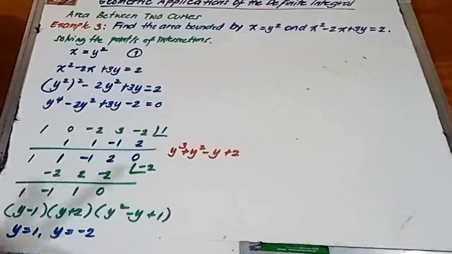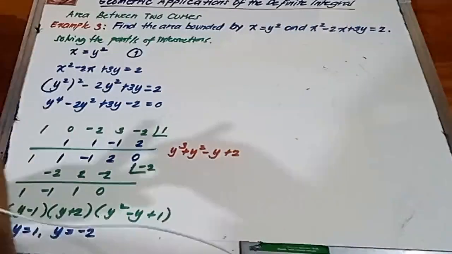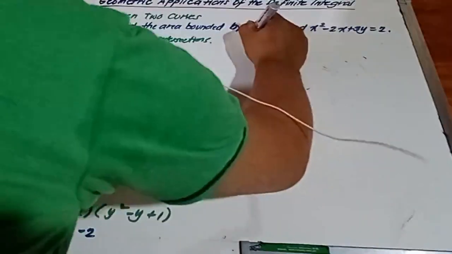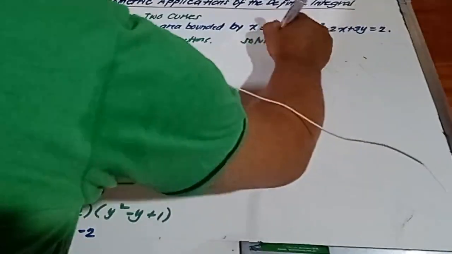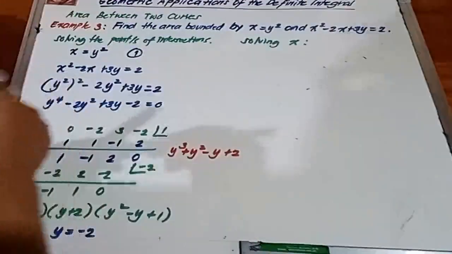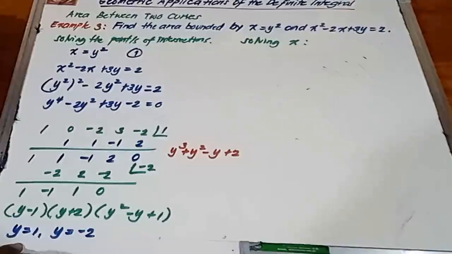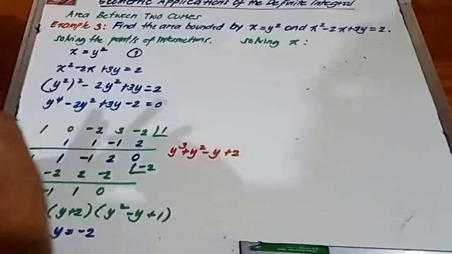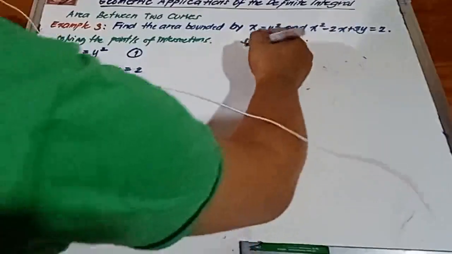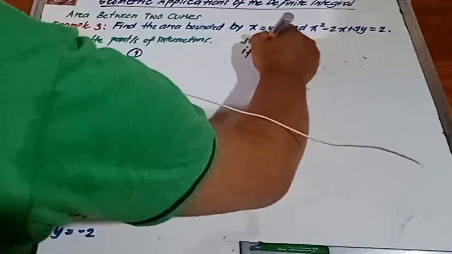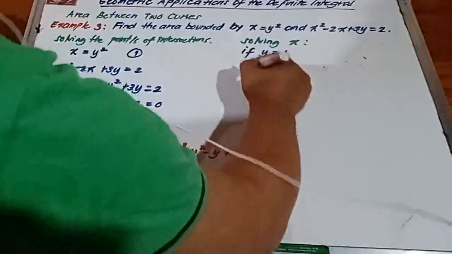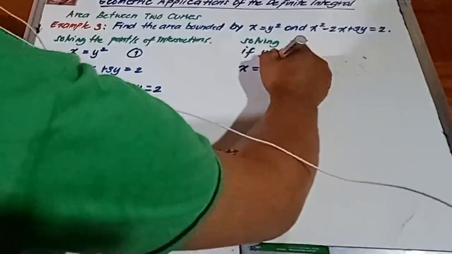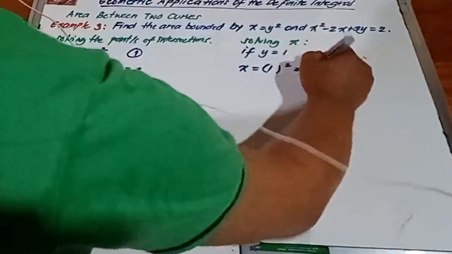Solve natin si x. Solving x. Okay? So, if y equal to 1, gamitin natin itong first equation. So, we have, if y equal to 1, solve natin sa x. We have x equals 1 squared. So, 1. Okay?